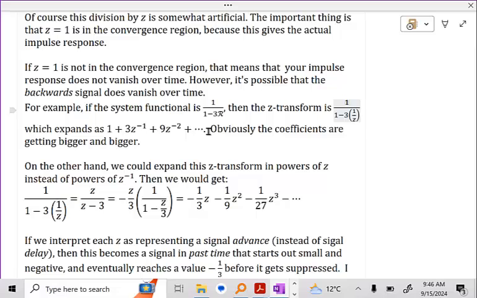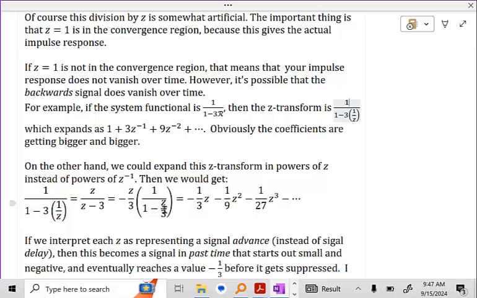It's not dying out. On the other hand, we could expand the z transform in powers of z instead of powers of z inverse. So you can use z as your expansion variable. The easiest way to do that is to reformulate this expression so that it looks like a geometric series in z. So I massage this around, so instead of 1 over z, I get a z. This is not in the geometric series form, but if I divide by minus 3 and take out a z, I get minus z over 3, times 1 over 1 minus z over 3.